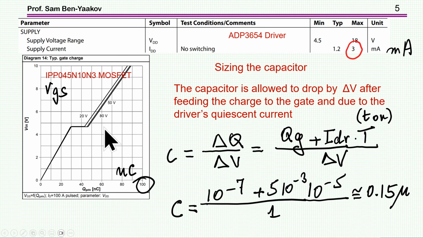And this is, of course, for some operating condition. This is 100 amp, and VDD is given for various voltages. I'm not going to explain this curve. You can find it in my YouTube channel. There are a number of videos explaining this flat portion, for example. Okay, so now taking these two numbers into account, I found that I need something like 0.15 microfarad.